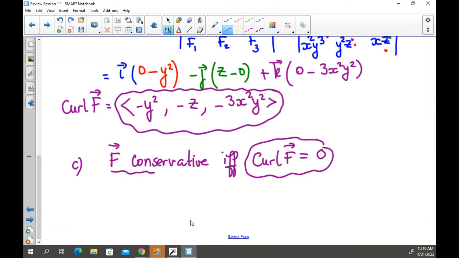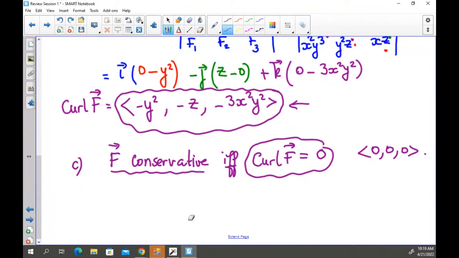If it's 0, then f is conservative. Now look at the curl. Is it the vector 0? Is the curl of f 0? It's not. It's a big vector. It has a lot of components. It's not 0, 0, 0.